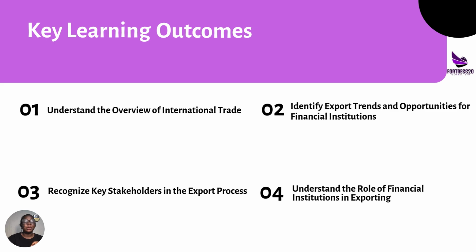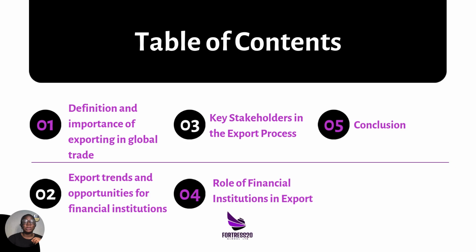And lastly, number four, you should understand the role of financial institutions in exporting. By the end of this course, you should be able to explain how financial institutions facilitate payment, how they offer trade finance products, and manage the risk in the export process.